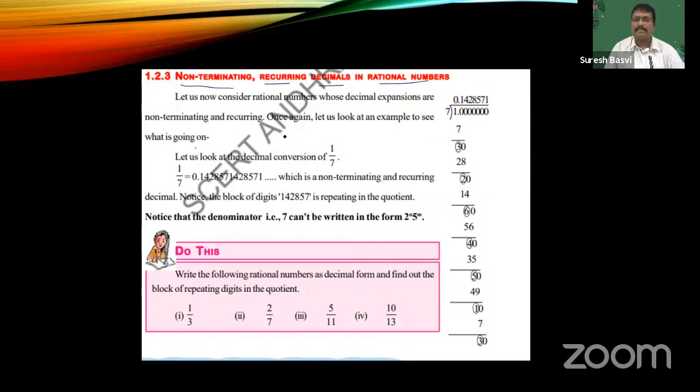Just now we concluded all the terminating decimals examples. Now we are going to learn non-terminating recurring decimals. Okay, let us look at the decimal conversion of 1/7.